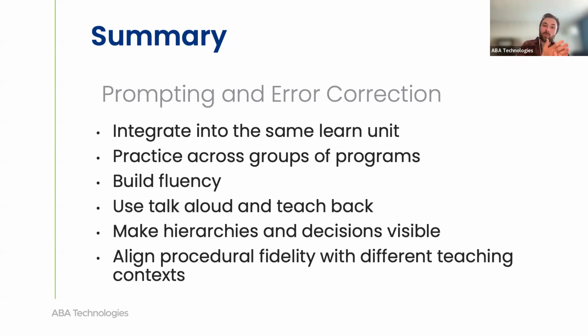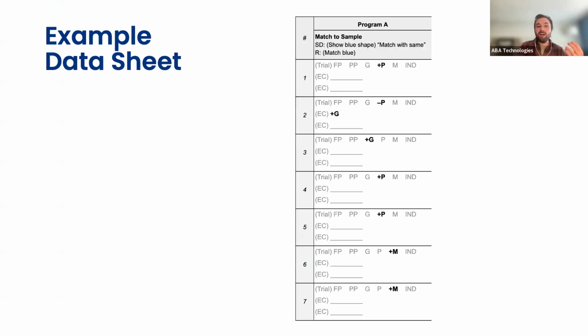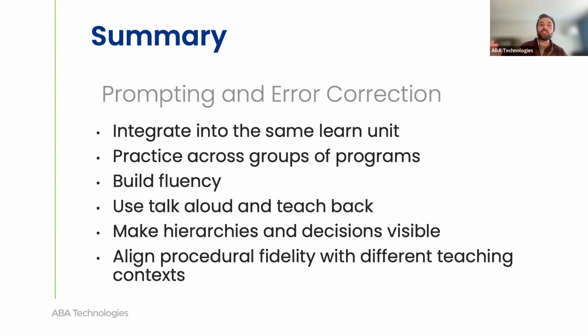One of the ways to firm that up is by using talk aloud and teach back. Those are two strategies you can use to firm that up. And then as you're doing this, the other kind of performance support you can provide are these kinds of cues that are going to set them up to implement this effectively, fade where appropriate, until they can do it really independently across different contexts.